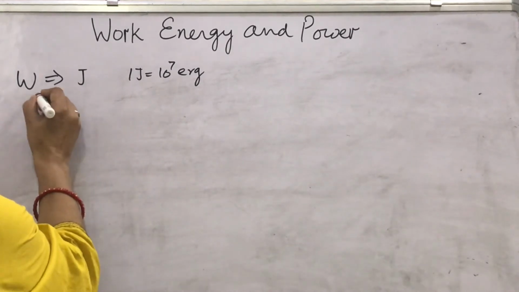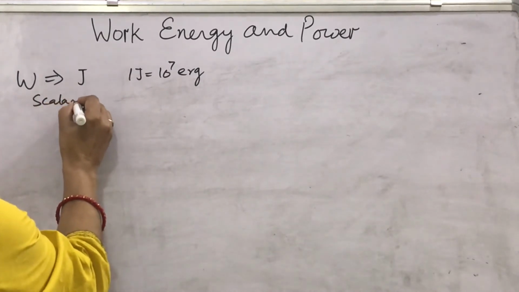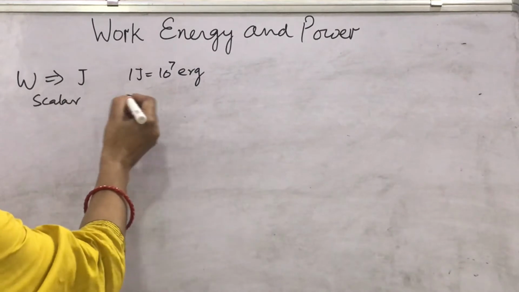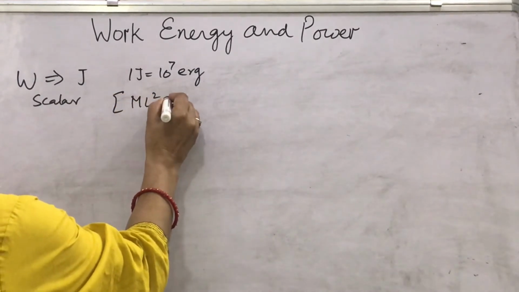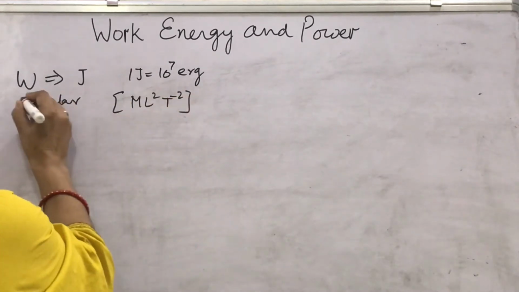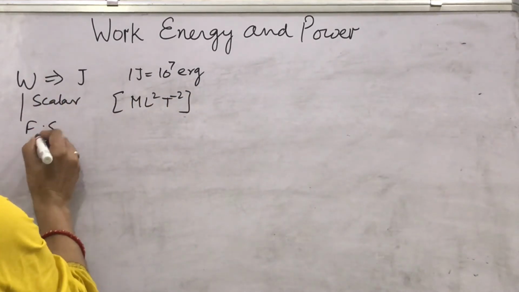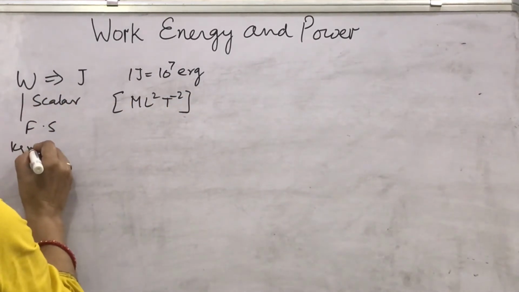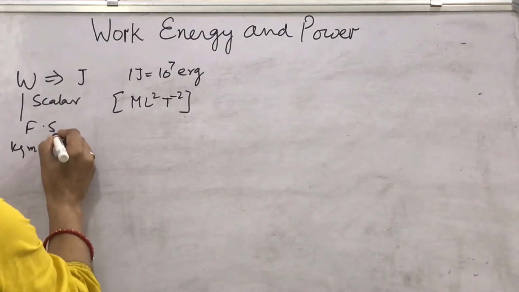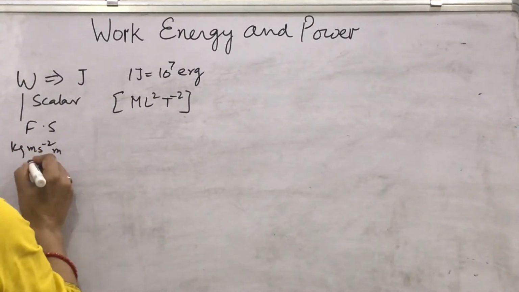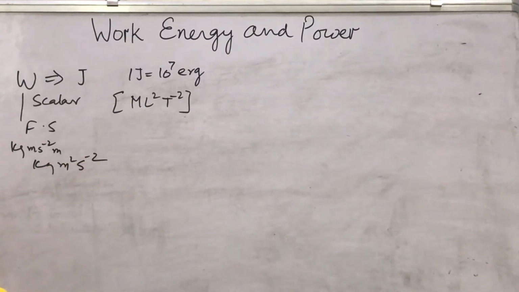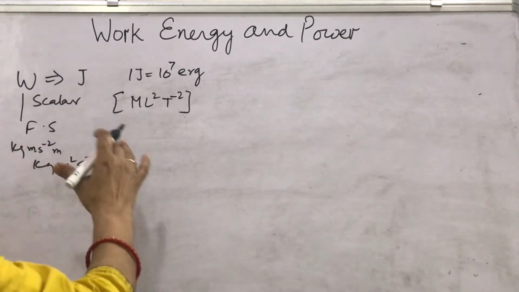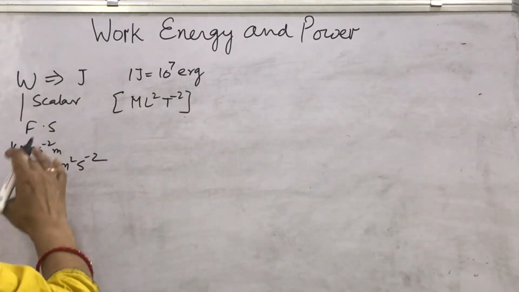Also work is a scalar quantity as it is the dot product of F and S, and its dimensions are ML²T⁻², because F into S, where F is kg meter per second square and S is meter, so its unit is kg meter square per second square. This is the unit and dimension for work.